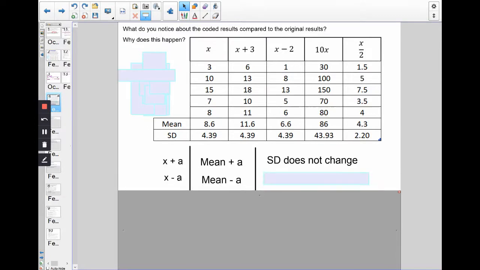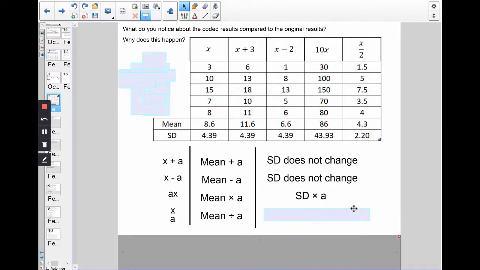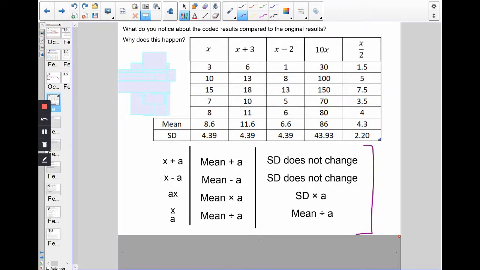When you're subtracting a, you subtract a from the mean as well. If you're multiplying everything by a, then the mean is multiplied by a and the standard deviation is also multiplied by a, and when dividing by a, the standard deviation is divided by a as well. So this is a summary of all the potential changes that could be impacted by coding your data.